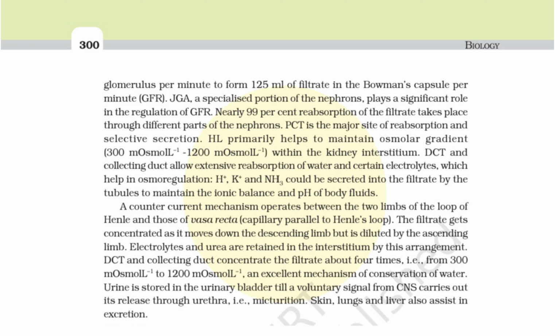HL primarily helps to maintain osmolar gradient, 300 mOsm per L to 1200 mOsm per L, within the kidney interstitium. DCT and collecting duct allow extensive reabsorption of water and certain electrolytes, which help in osmoregulation. H+, K+, and NH3 could be secreted into the filtrate by the tubules to maintain the ionic balance and pH of body fluids.